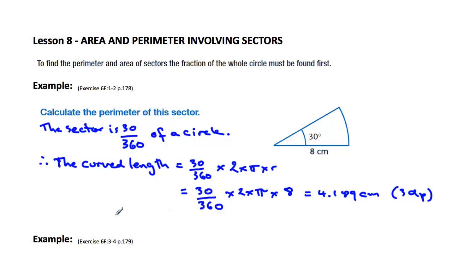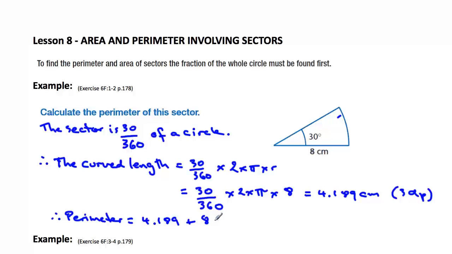All right, what about the perimeter? So we could say, therefore, the perimeter would be equal to that curved length of 4.189 plus the 2 radius lengths of 8 centimetres.